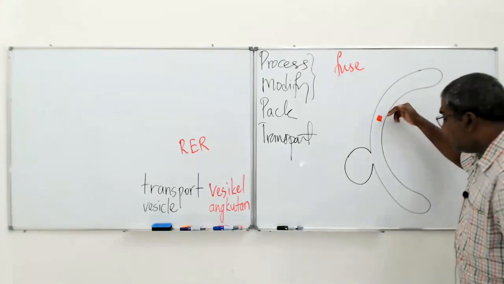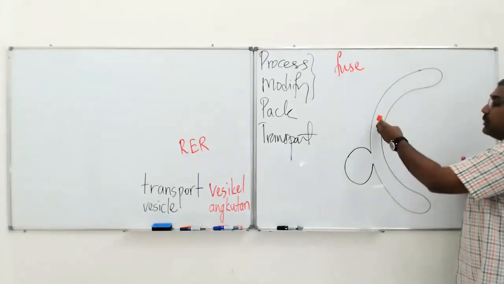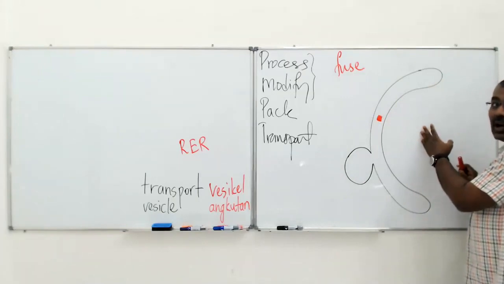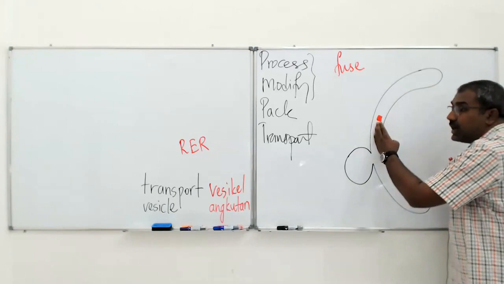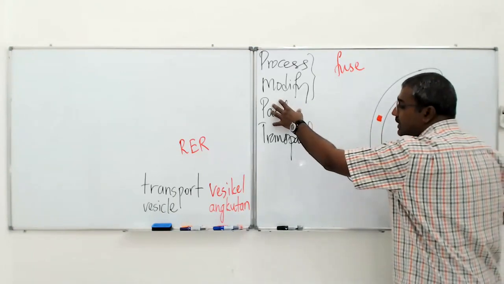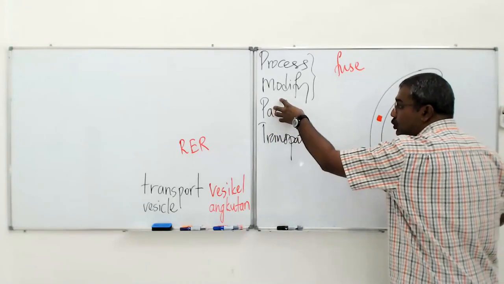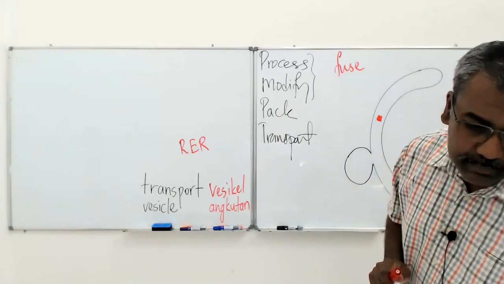Sekarang enzim ini, after enzyme is produced, enzyme ini perlu keluar daripada Golgi apparatus. So bagaimana enzim tadi akan keluar daripada Golgi apparatus? Here comes the packaging and transporting. Pembungkusan dan pengangkutan.